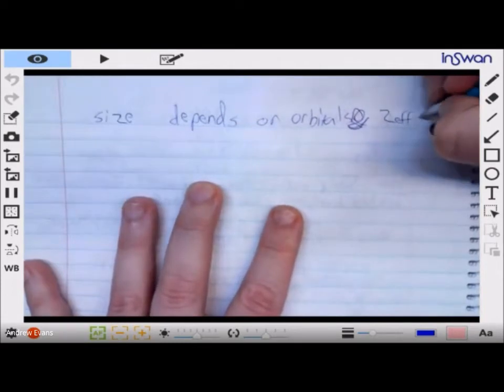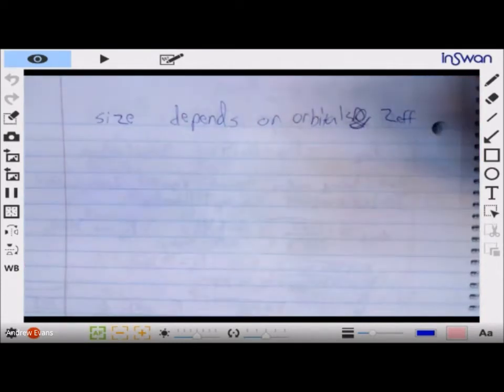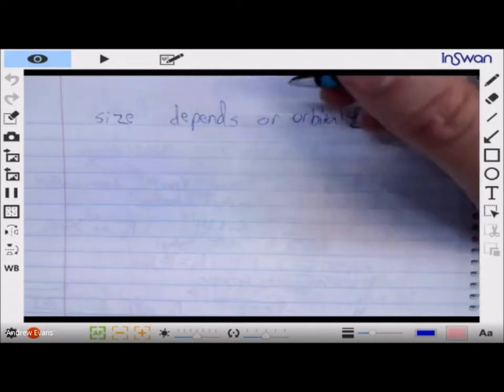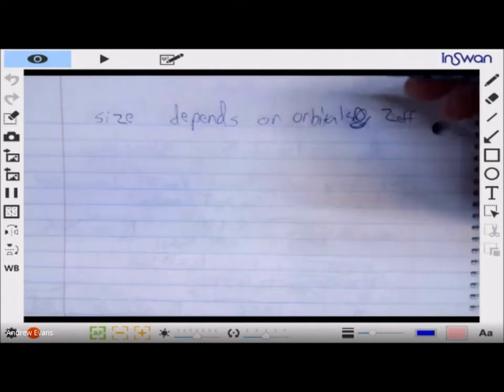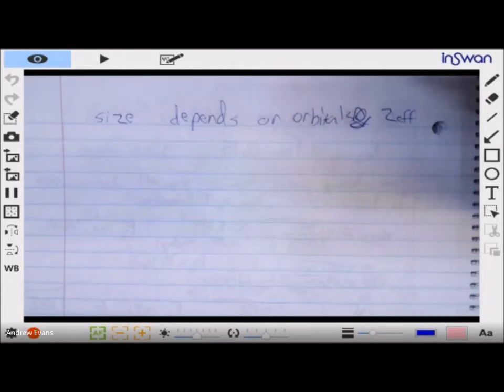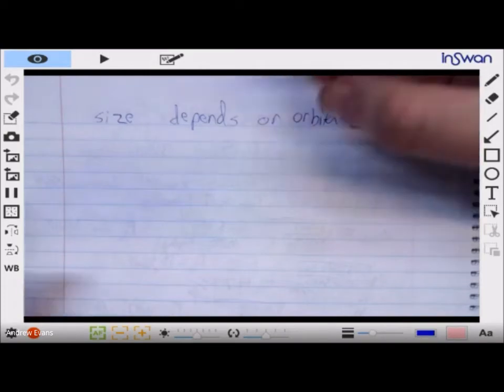So all things considered, as you bring out orbitals, each orbital is going to be slightly farther from the nucleus, slightly farther from row 1 to row 2 to row 3. It's getting farther and farther from the nucleus. However, you're also increasing the Z effective, so it's pulling it back in. So depending on how the Z effective goes, we could see an increase or decrease.